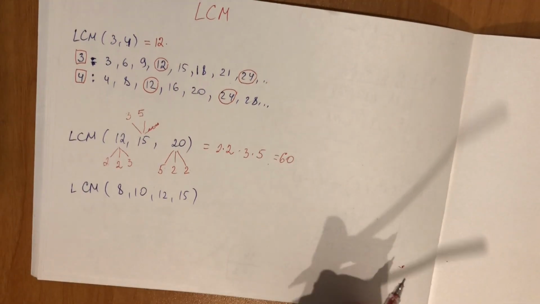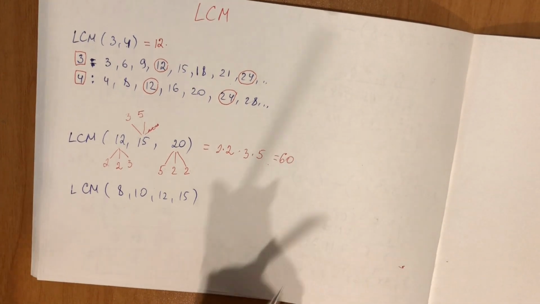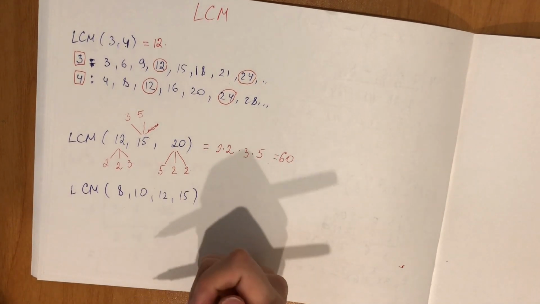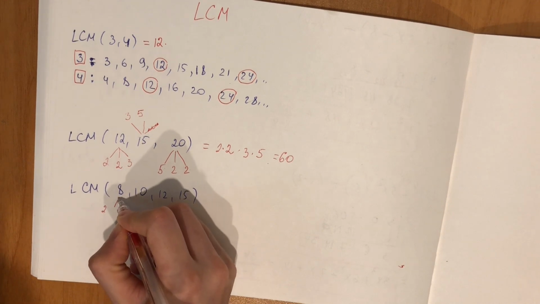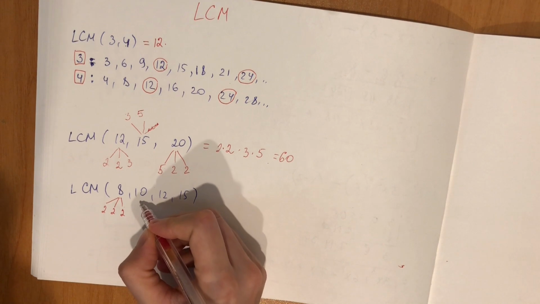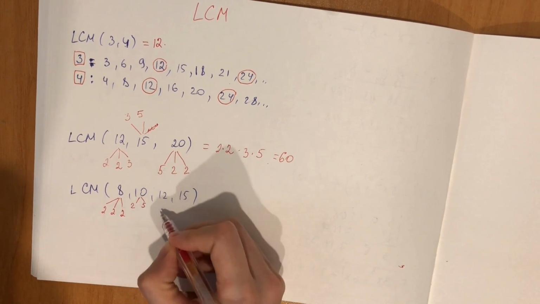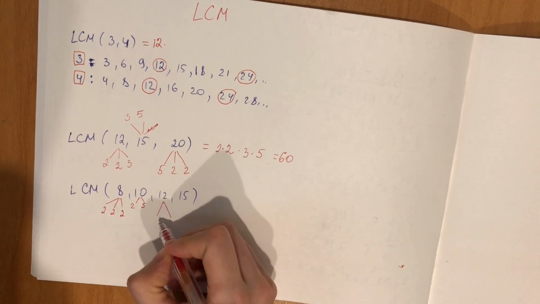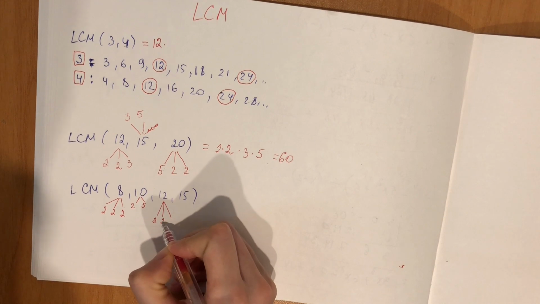And let's find the LCM of 4 numbers. What should we do? Again, prime factorization. 8 is 2, 2 and 2. The prime factorization of 10 is 2 and 5. 12 is 2, 2 and 3.